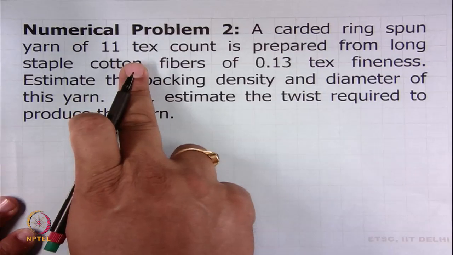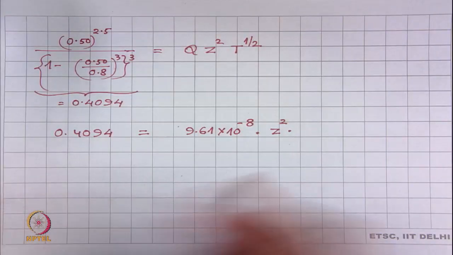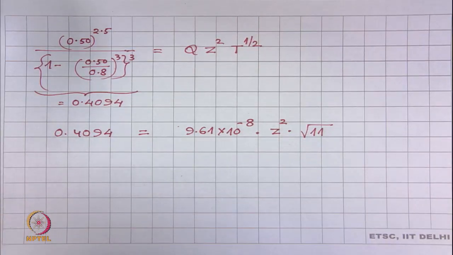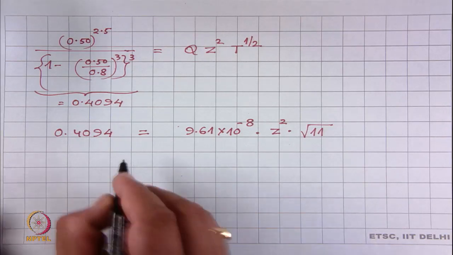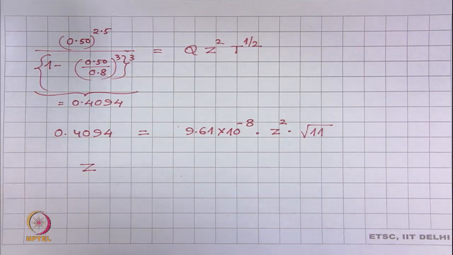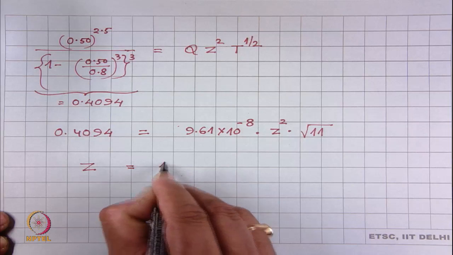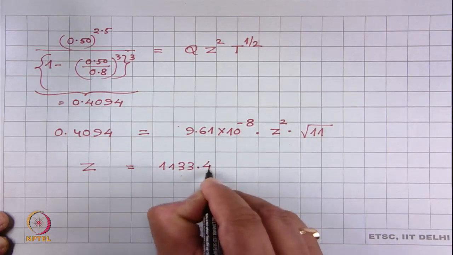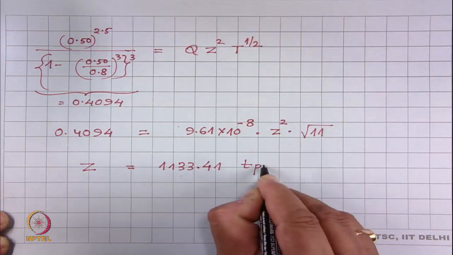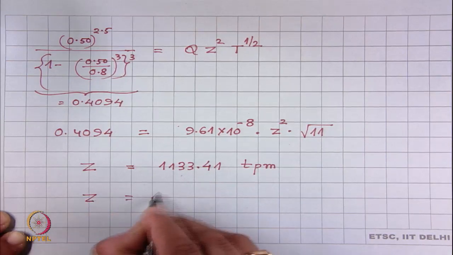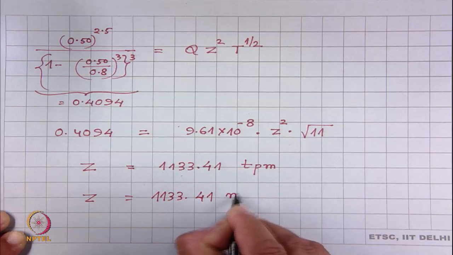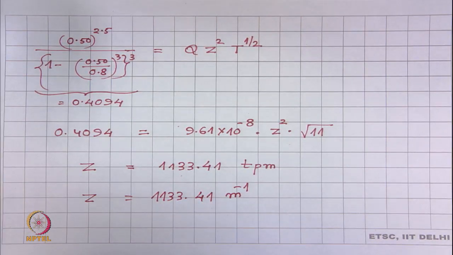Yarn count is given as 11 tex, right. Now, you will be able to solve this and find the value of Z. So, Z you will find is 1133.41 twist per meter, that is, Z is 1133.41 meter inverse.